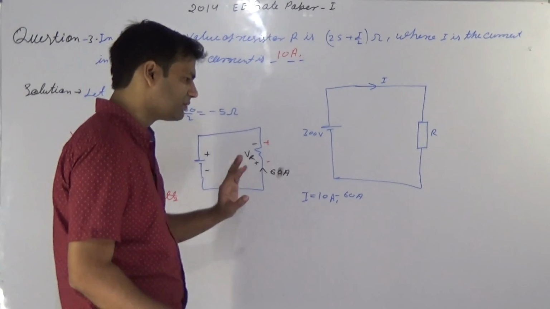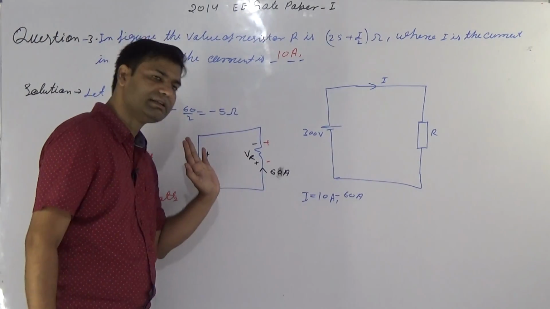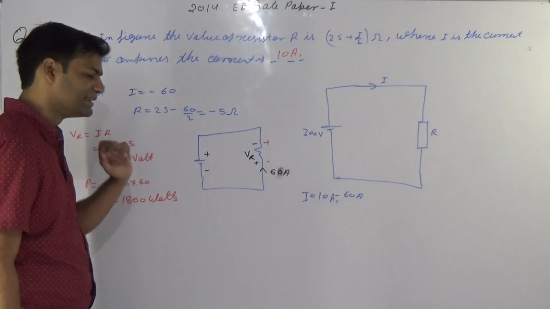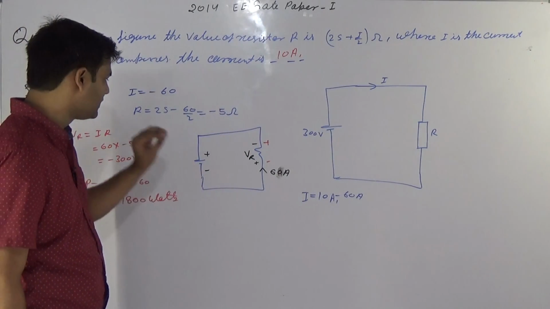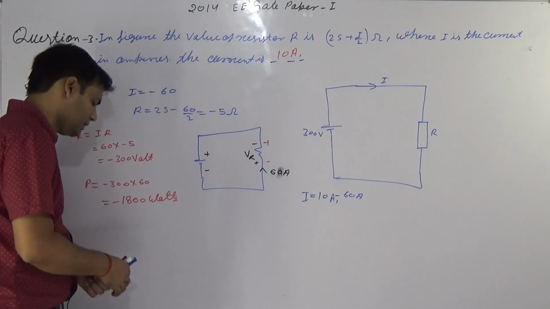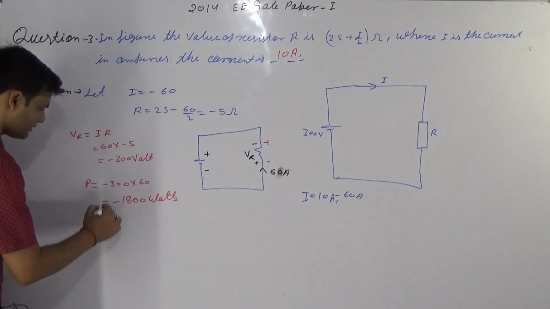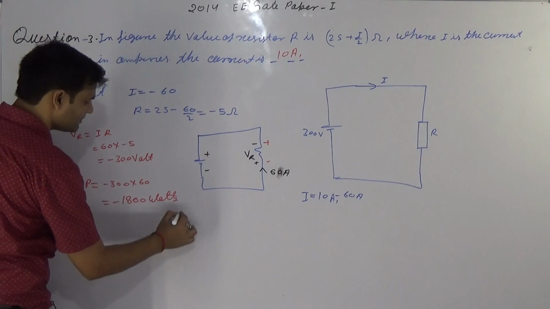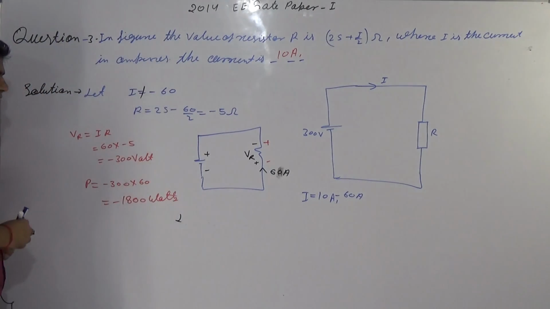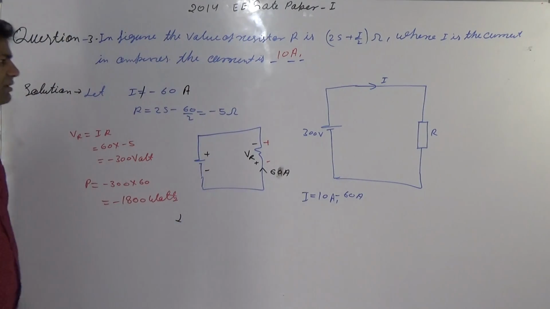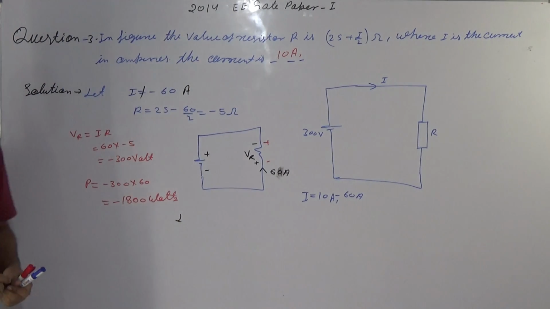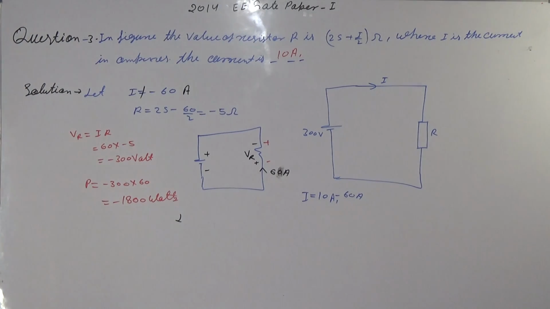It is impossible, because a resistance is a passive element and never delivers power. That's why I equal to minus 60 ampere is not a valid solution. The only acceptable value is I equal to 10 ampere.